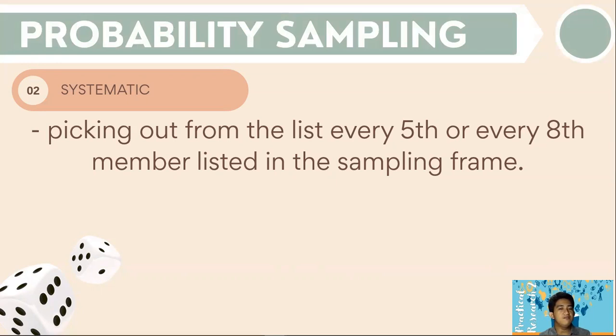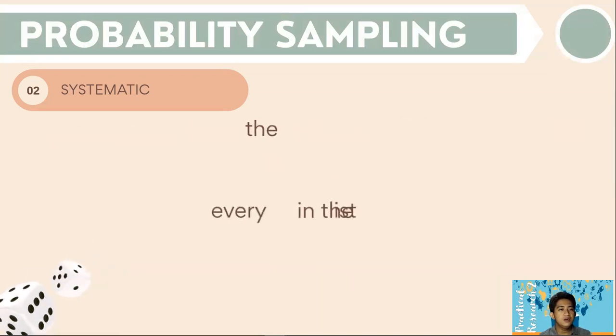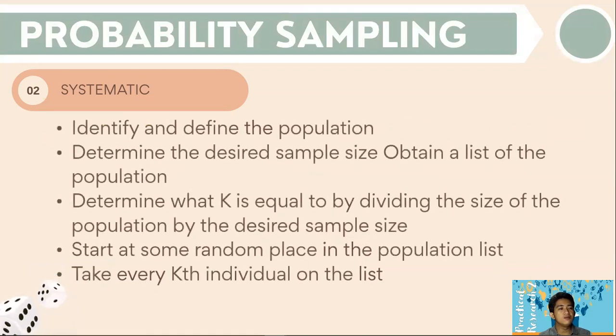The disadvantage of this is it has subgroups, and some members of the population don't have an equal chance of being included. So if we want to use systematic sampling, we follow these steps.